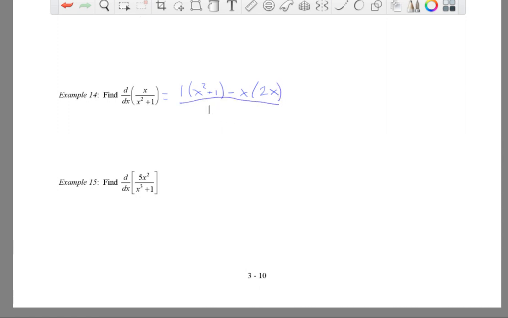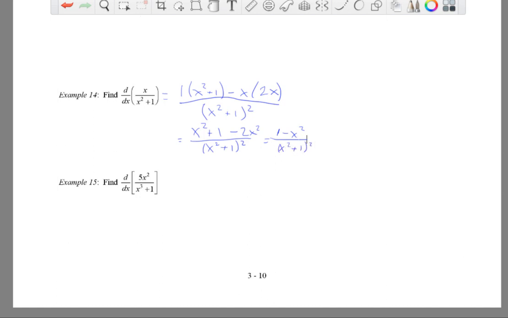And then all over the bottom squared. And then let's go ahead and simplify this. All right, so we have x squared plus 1 minus 2x squared all over x squared plus 1 quantity squared. And then that gives us 1 minus x squared over x squared plus 1 quantity squared.